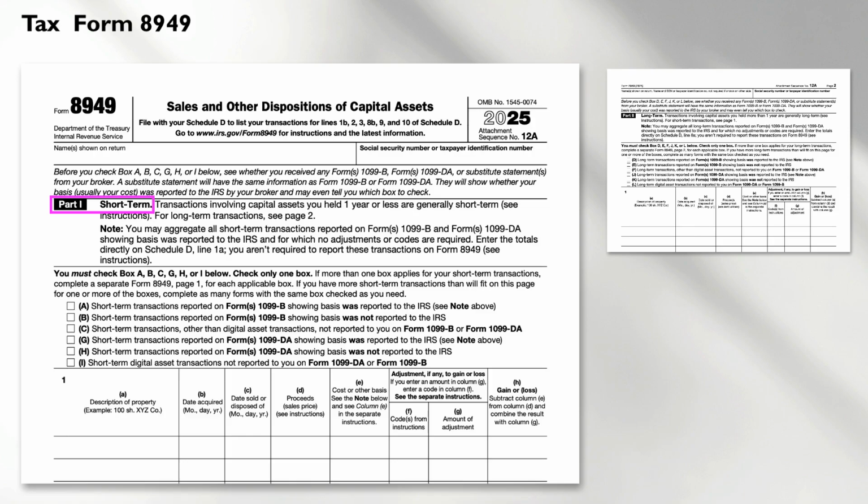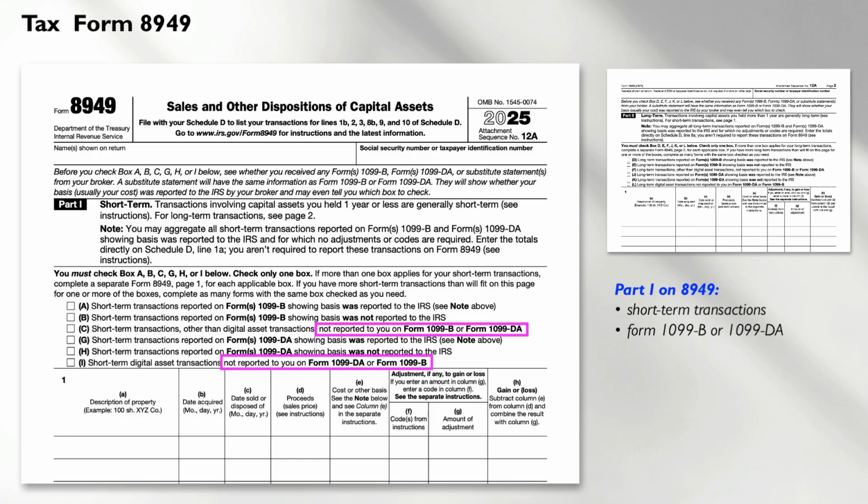For Part 1, short-term transactions, the boxes include A, B, C, G, H, and I. These represent short-term transactions reported on Form 1099-B, Form 1099-DA, or transactions not reported on either form but similar in nature.